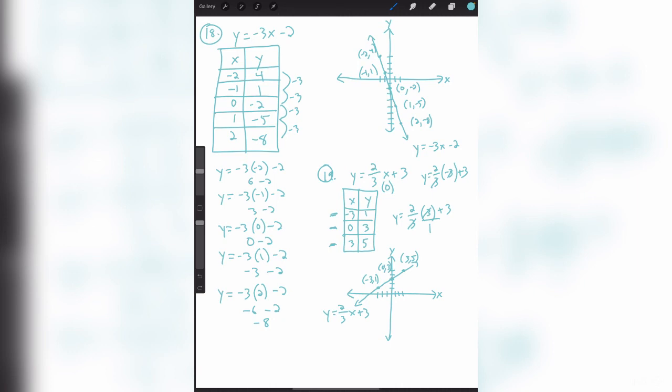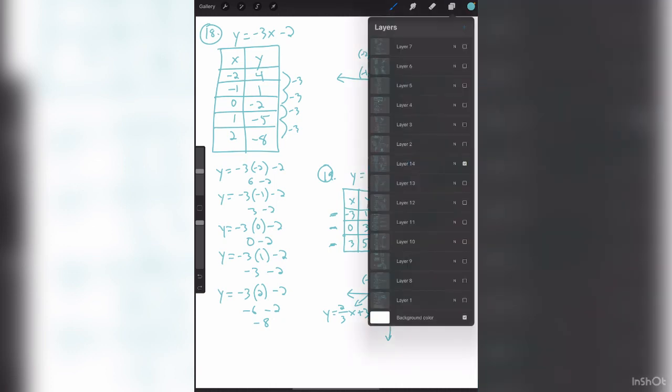Okay, so we're going to move on to our last problem, number 20. Number 20 says a classmate says the graph of 3y minus 2x equals 5, they said, hey, the slope is 2.